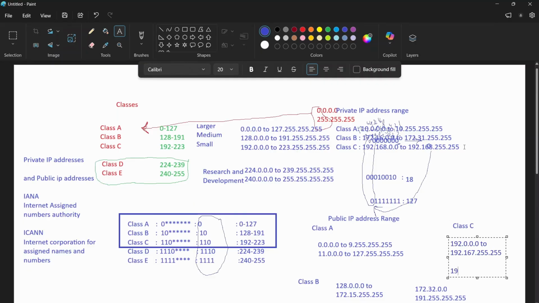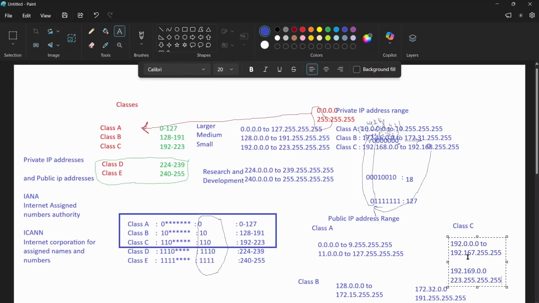Then 192.169.0.0 to 223.255.255.255. That is the class A, class B, class C public IP address ranges. It's very important. If you have any doubt, you can comment in the comment section so that I can clarify your doubt in upcoming sessions.